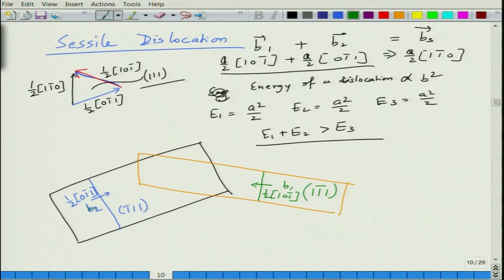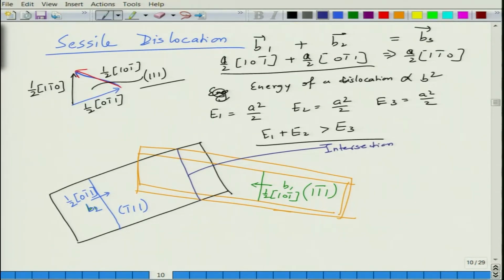When they meet each other at the intersection point, so let me just broaden this a little bit. So, this is the plane, let us say, and this is the intersection.